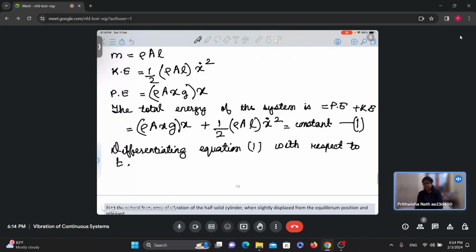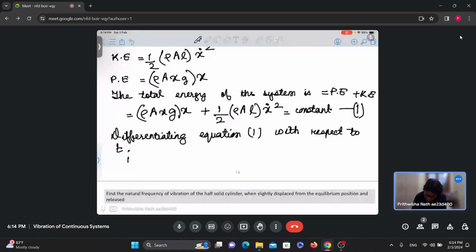So how can I write this equation? We can write this as half into L x dot plus g x equals 0.